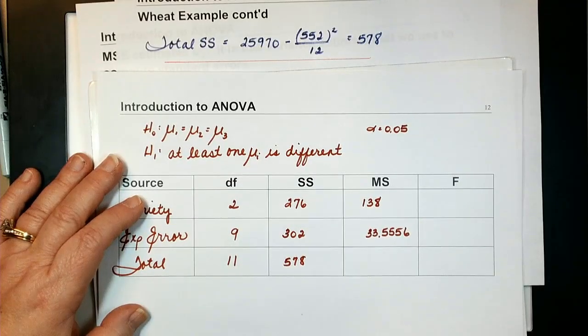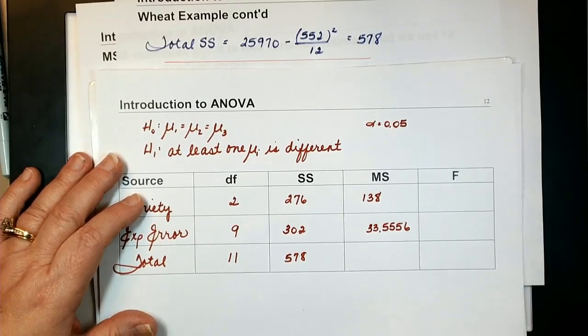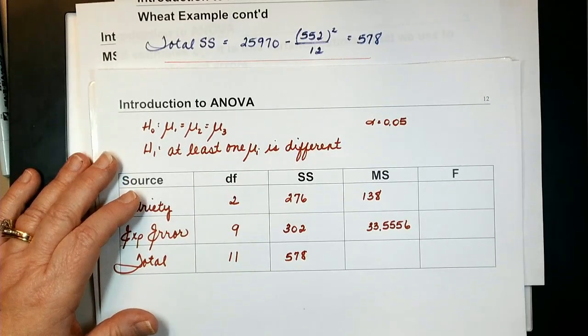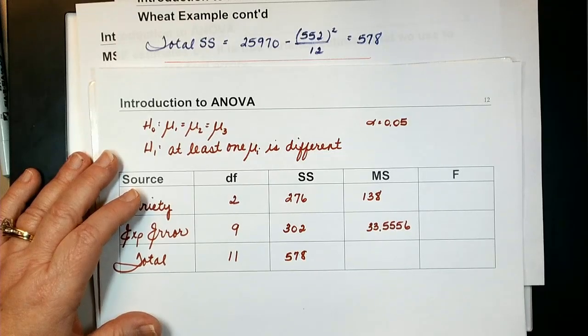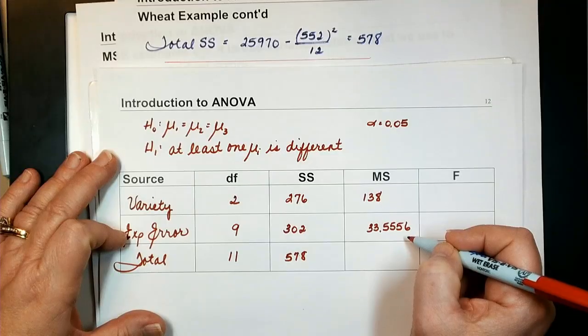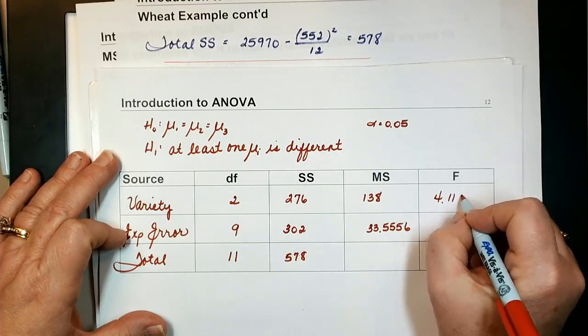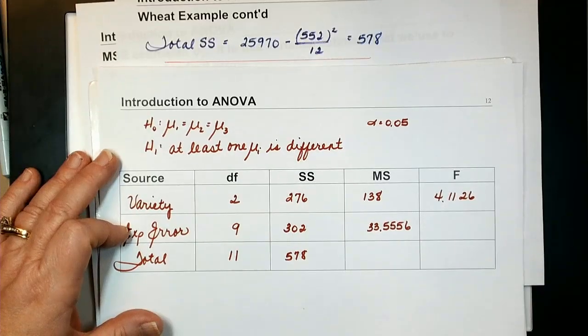Drives people that are fond of significant digits nuts, but that's okay. There is no such thing as a mean square total, so do not compute one. All right, 138 divided by 33.5556 is then our F statistic. And when I did this, I have 4.1126. Agree with those last 3 entries?